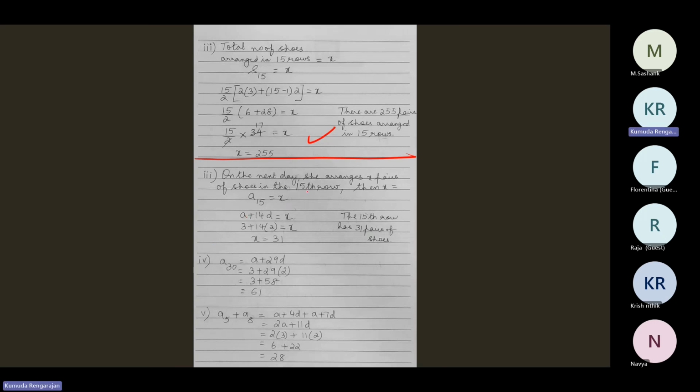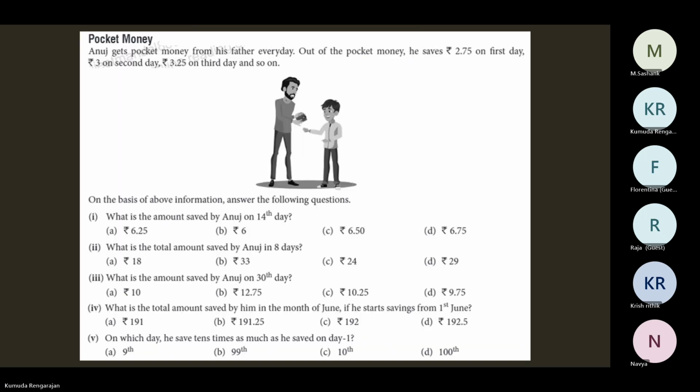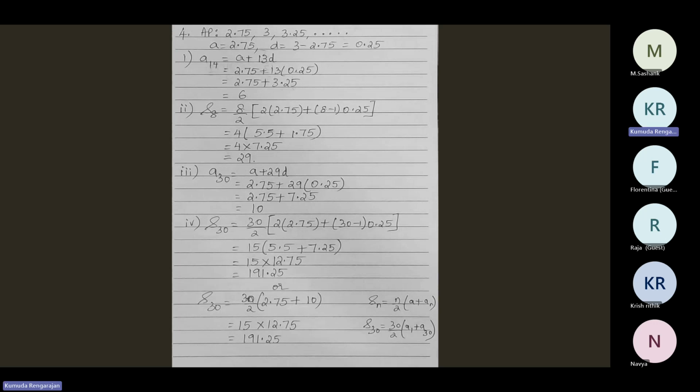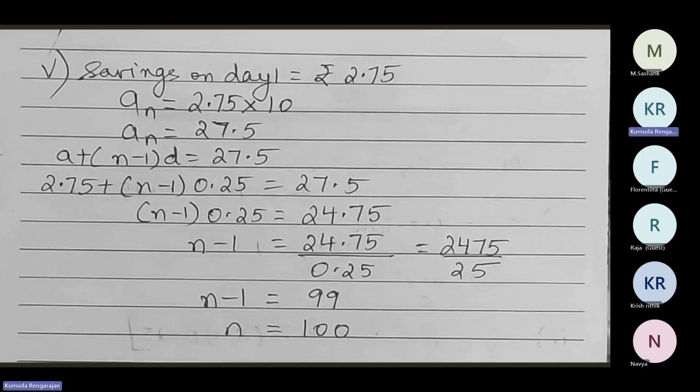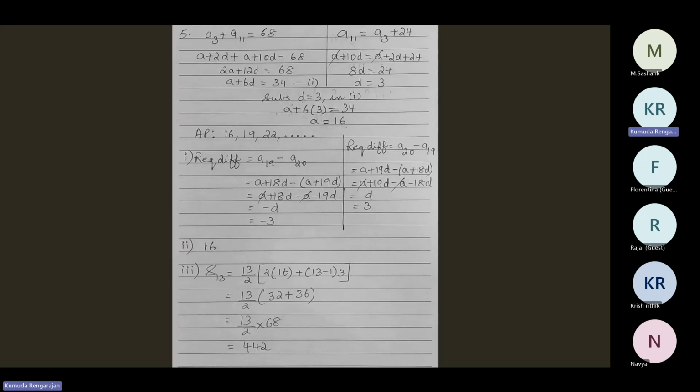On the next day, she arranges X pairs of shoes in the 15th row. Then X is equal to A15, and it's 31. Correct. Where else, children? Navya? So here the question was incorrect. And then this one, which I told you, required difference.